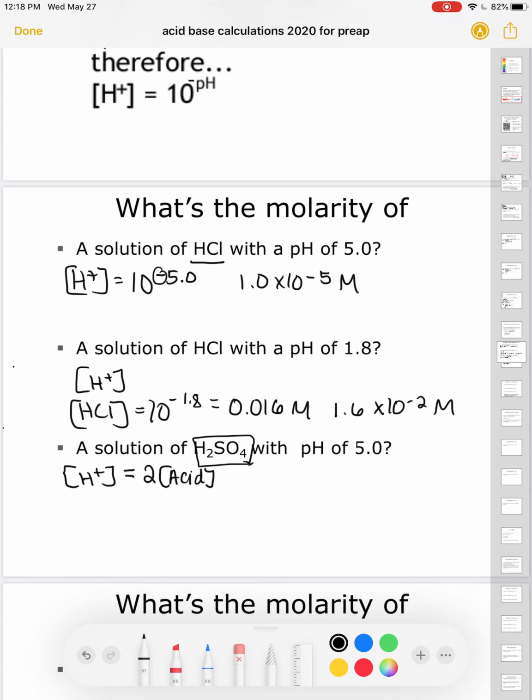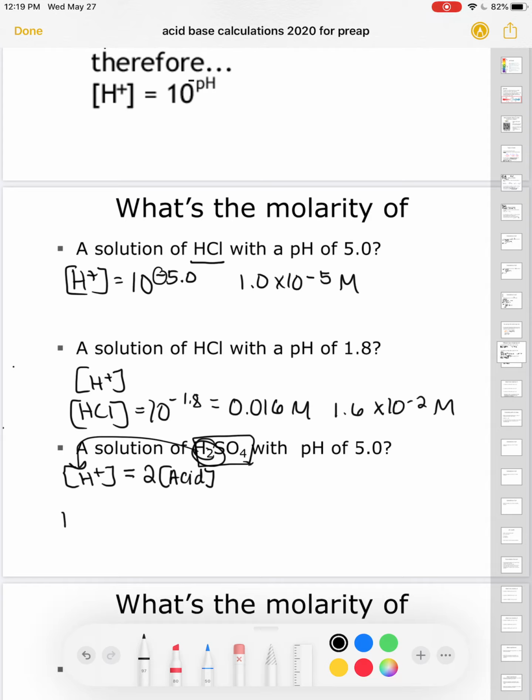Okay, so when I solve and get my H plus concentration, I have to make sure that when I want the molarity of my sulfuric acid, my original solution, I divide it in half, because the fact that there are 2 H's here bumped this up by 2 times. So let's do that calculation.